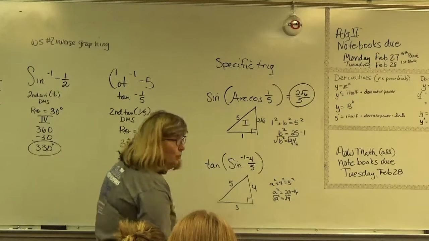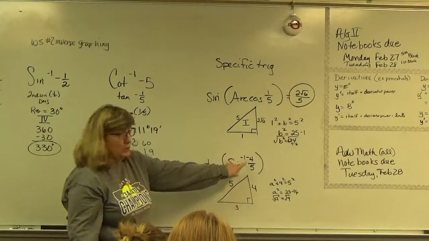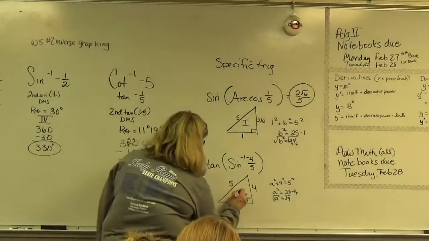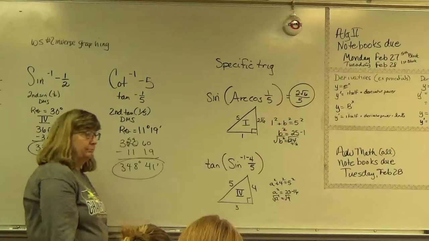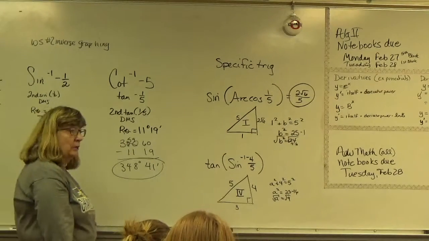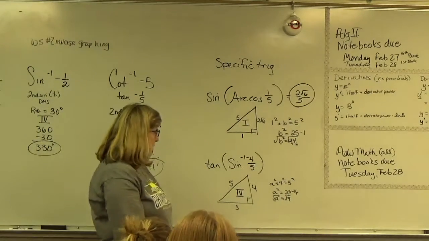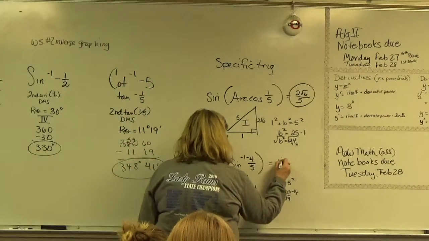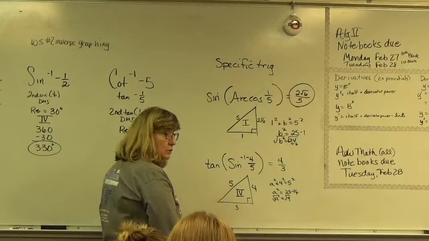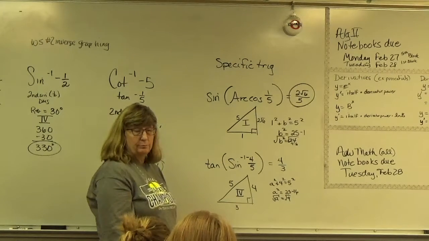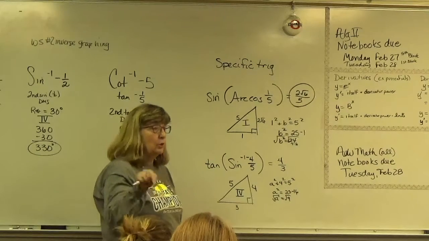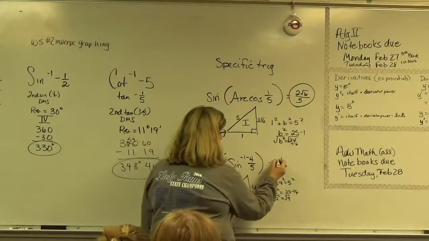And what quadrant are we in, since this is a negative and it's a principal value? We're in the fourth. So remember, this is coming from the fourth quadrant. Now, what's the tangent of that triangle? Tangent is 4 over, and is it gonna be positive or negative? Because what's tangent in the fourth quadrant? Negative, right? All students take calculus, so cosine would be the only one that'd be positive. That and its reciprocal.